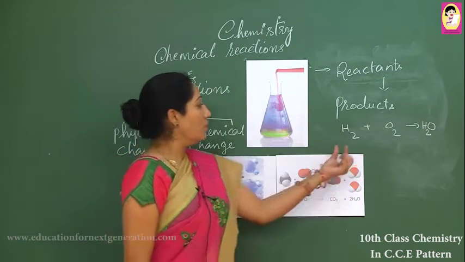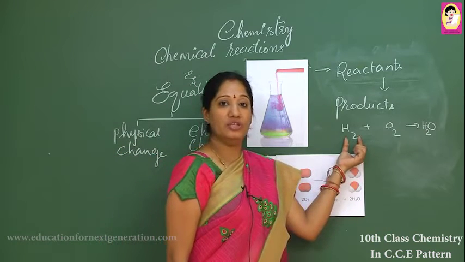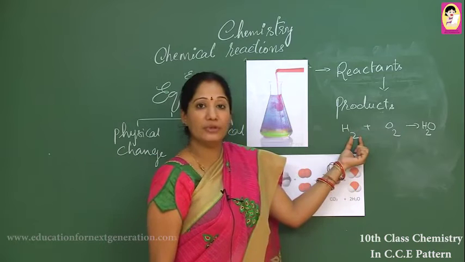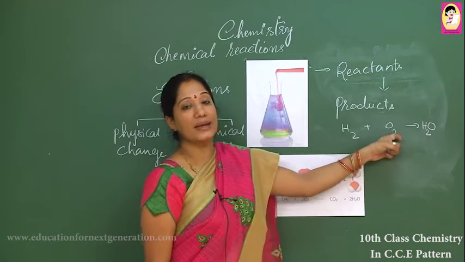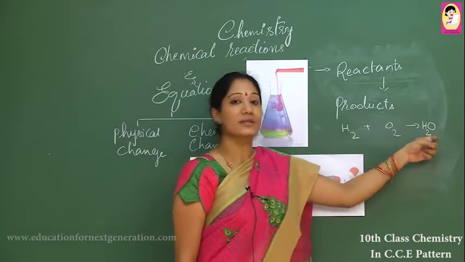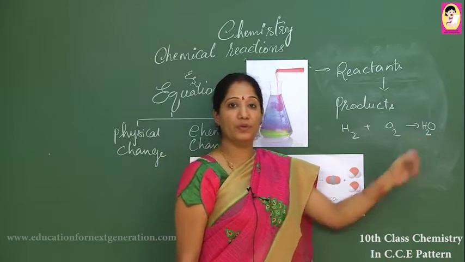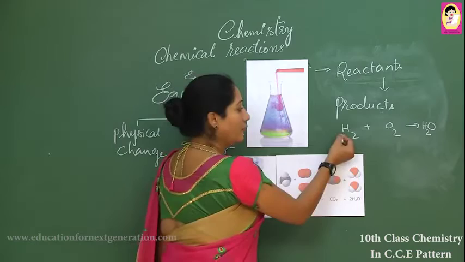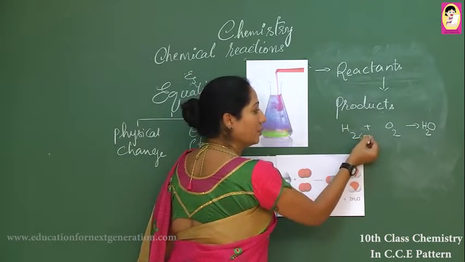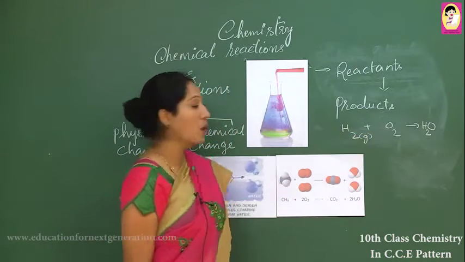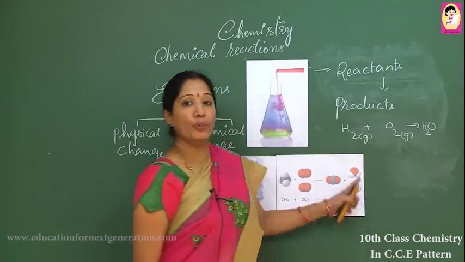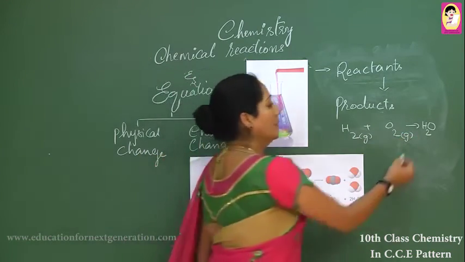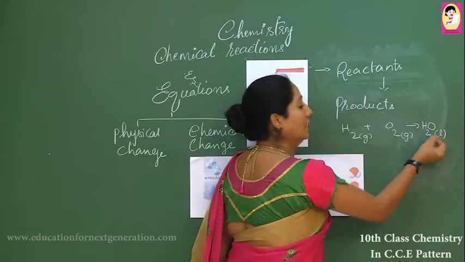One molecule of hydrogen, meaning 2 atoms of hydrogen, reacts with one molecule of oxygen, that is 2 atoms of oxygen, giving rise to one water molecule. Here hydrogen is a gas, oxygen is a gas, but the component obtained here is a liquid, a colorless liquid.